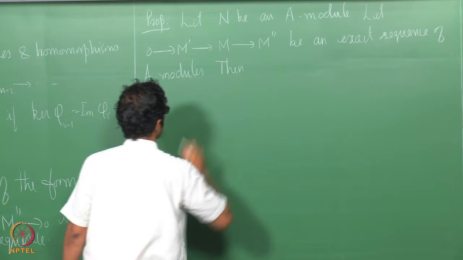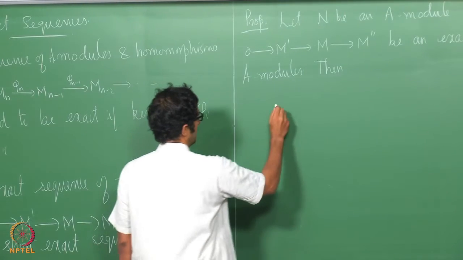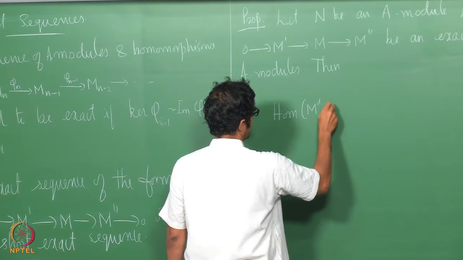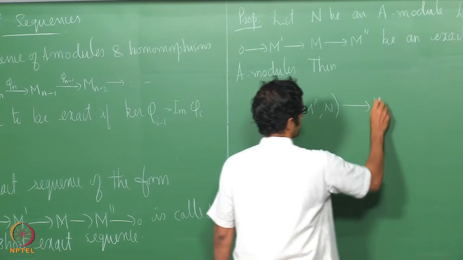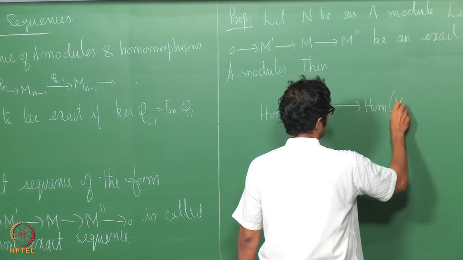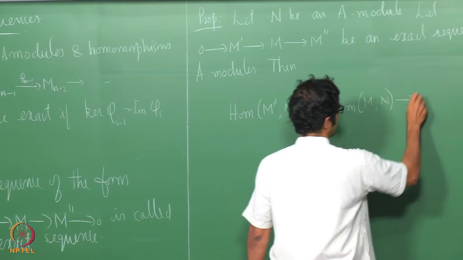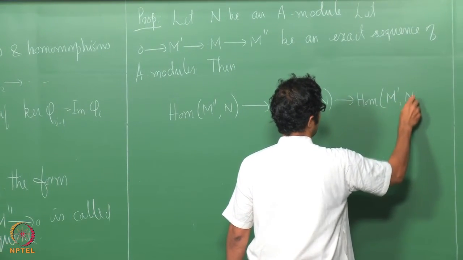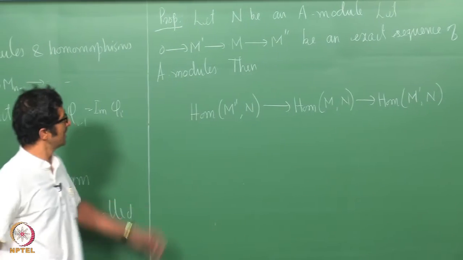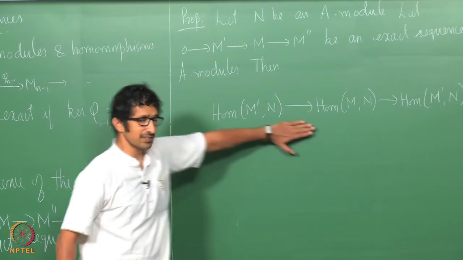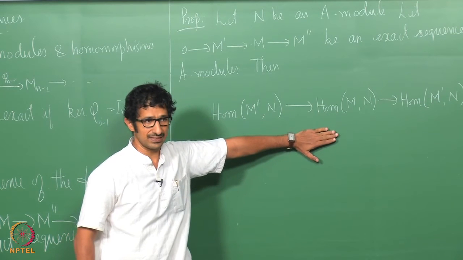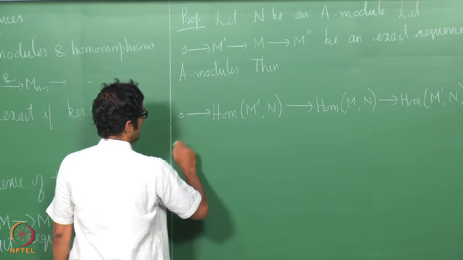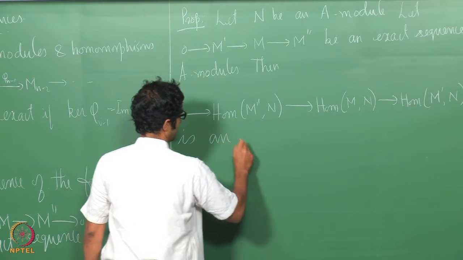Then I have Hom(M double prime, N) to Hom(M, N) to Hom(M prime, N). Given this exact sequence, I have this sequence, and what we have is that this is an exact sequence.